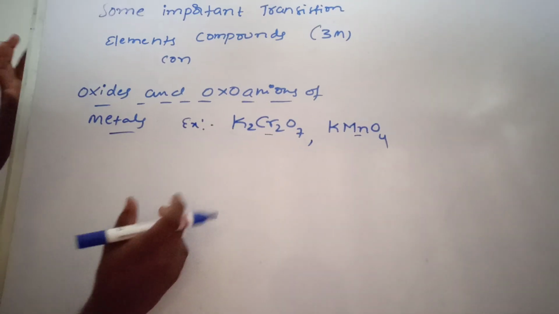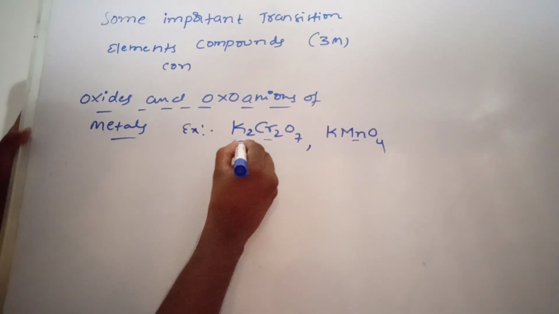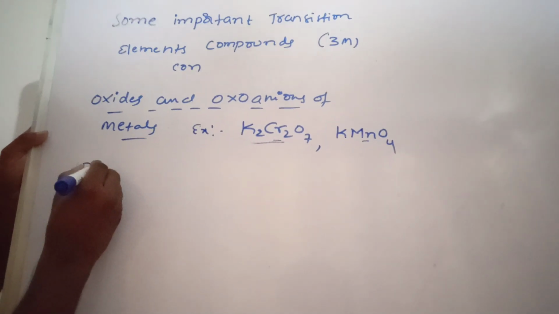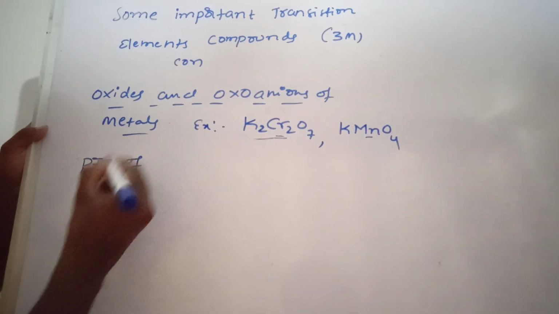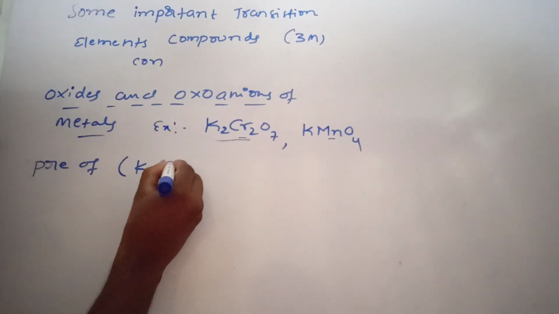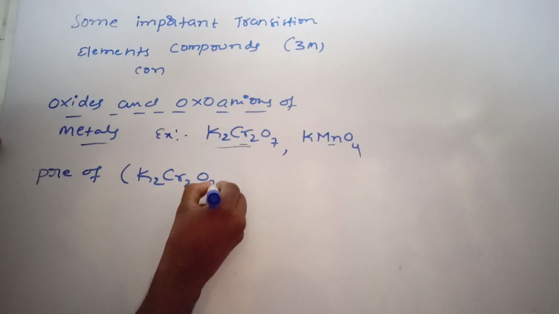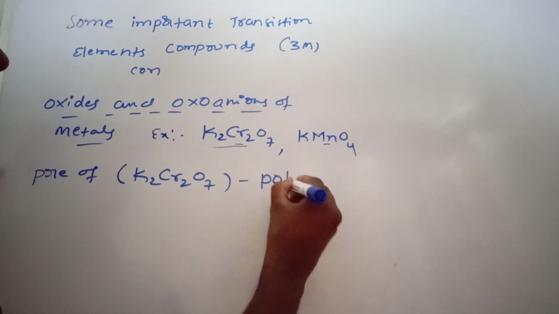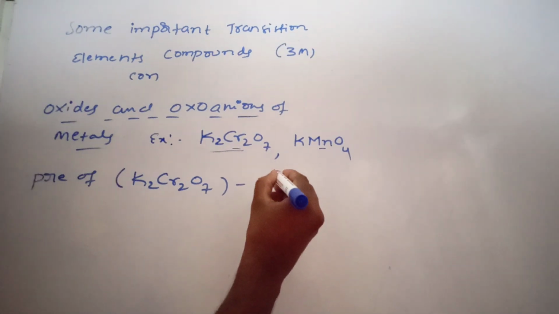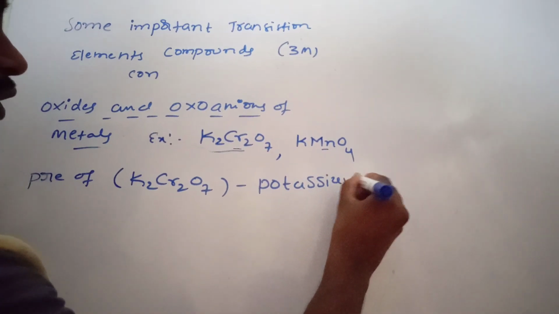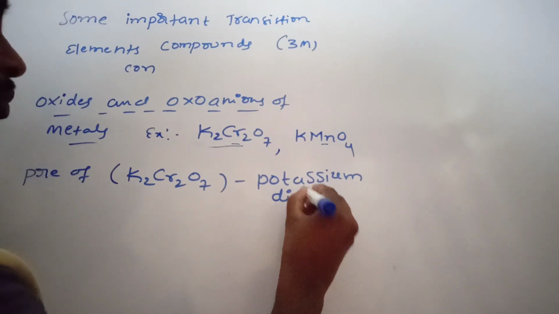Okay, first of all, I will give you the question now: preparation of potassium dichromate, K2Cr2O7. This is called potassium dichromate.